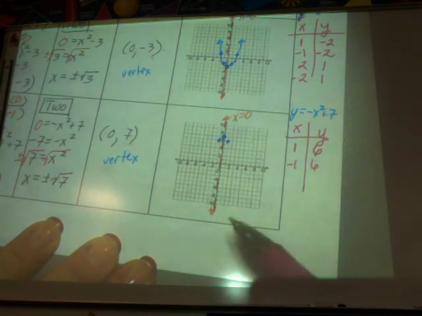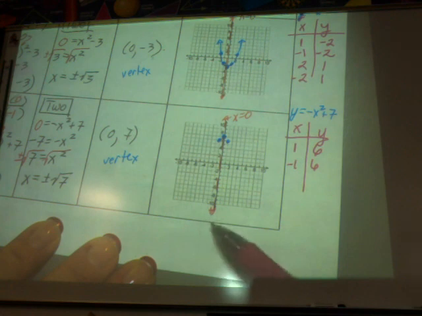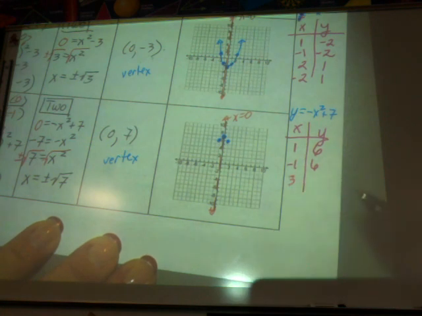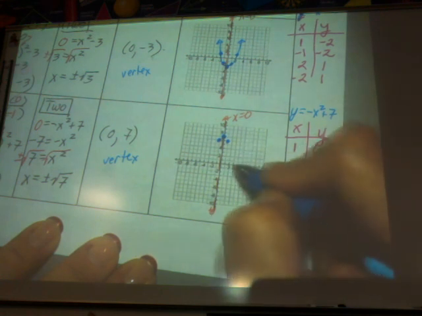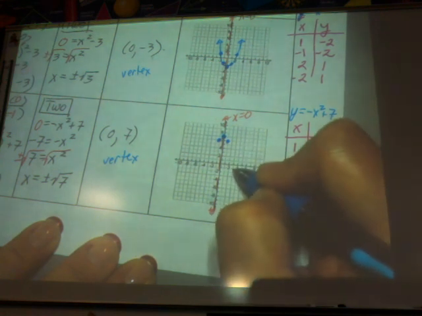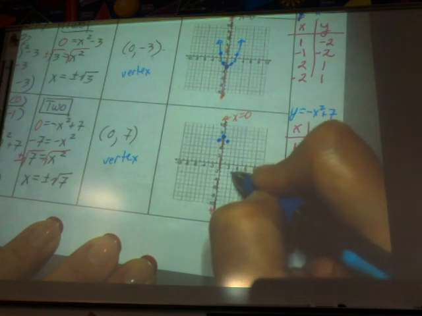We have to find 2 more that are going to allow us to cross the x-axis. Remember we said that our graph is going to go between 2 and 3? If I choose 2, I'm not going to cross the x-axis, am I? I want to choose 3. So be smart about your choices. What's 3 squared? 9, but isn't it a negative 9 because of the negative? What's negative 9 plus 7? Negative 2. So we get to the right 3, but down 2.